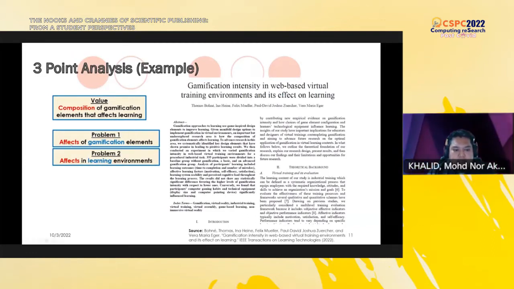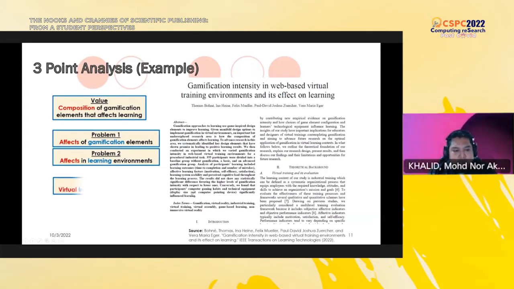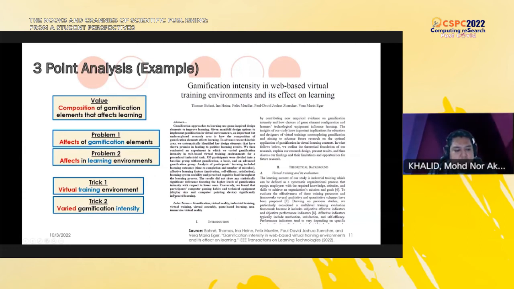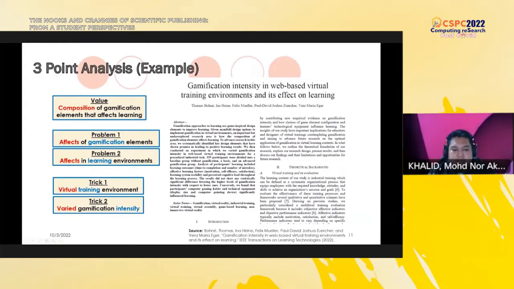Problem one, what are the effects of gamification elements in a learning environment? And then the trick is to use a virtual training environment and to use varied gamification intensity. So you can identify this value, problem, and trick by reading further.